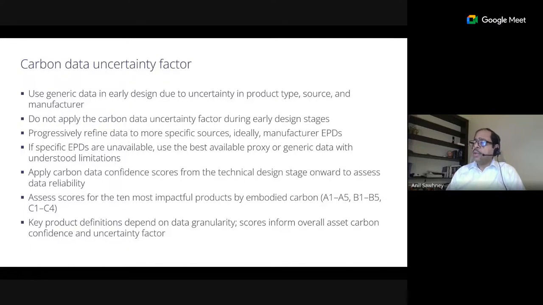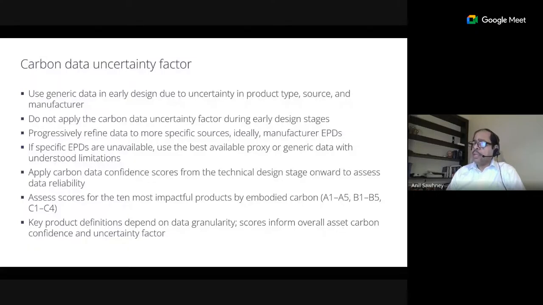So obviously, in early design stages, there's going to be uncertainty. Generally, because it is known that in concept stage, early design stages, there is going to be a lot of uncertainty, we do not apply any carbon data uncertainty factor. We assume at that stage, the estimate is going to be a ballpark estimate only.